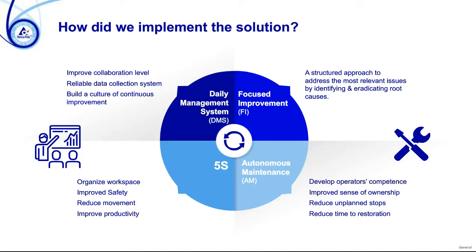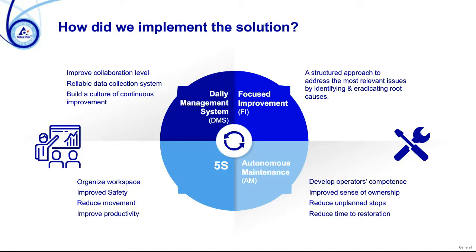The third route was autonomous maintenance, and by implementing autonomous maintenance, we succeeded to develop operator competence, improve the sense of ownership of the operators, reduce unplanned stops, and reduce time to restoration. Last but not least, of course, implementing the 5S, and we all know that the 5S is to organize the workplace.